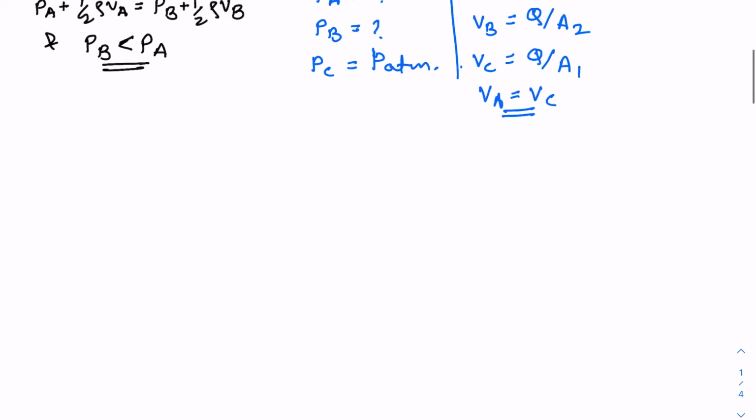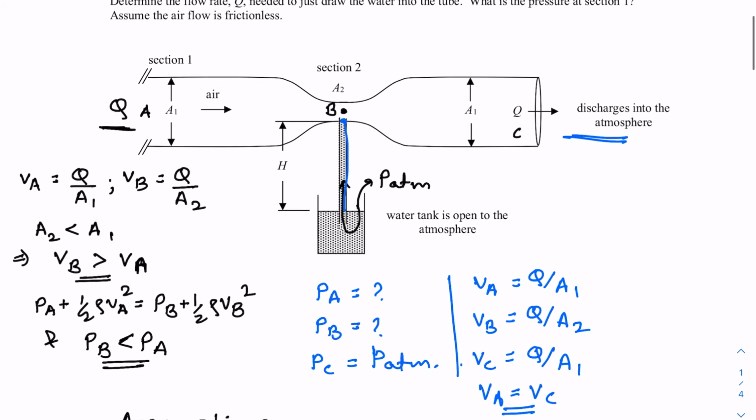Now, let's see if the assumptions for Bernoulli equation are true. The first one is inviscid. At each of these cross sections, we will assume the flow velocity to be uniform like this.